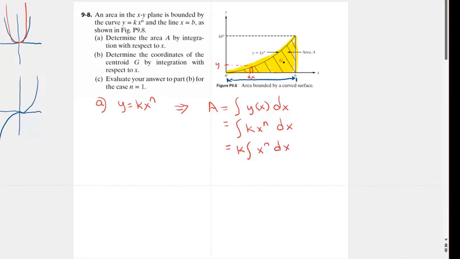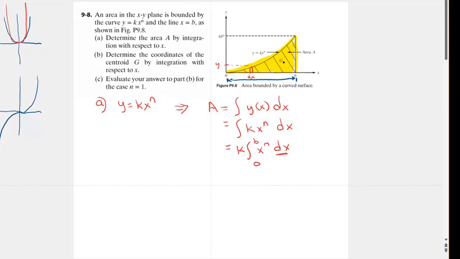We want to find an exact area, so we want what we call the definite integral, which is going to give me a number instead of just an equation. Because it's dx, we're looking at our x values. We're going to go from 0 to b. We don't know what b is, but that's where we're going.